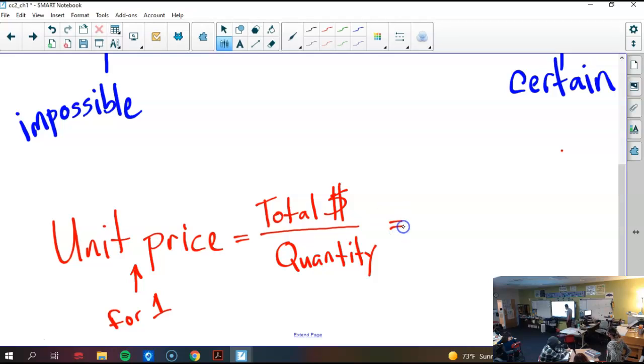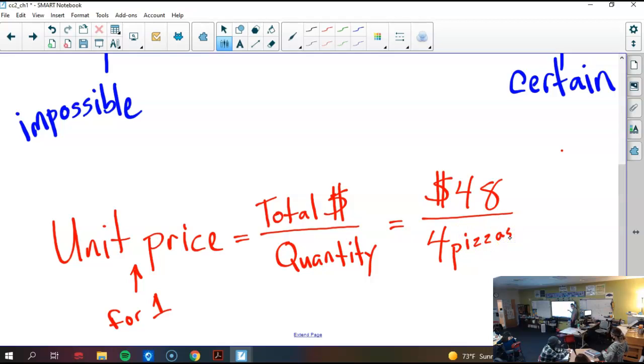So if I paid, I don't know, $48 for 4 pizzas, and we do that division, what's 48 divided by 4? 12. Thank you. So that tells us it is $12 per pizza. Right? That's how we do unit price.